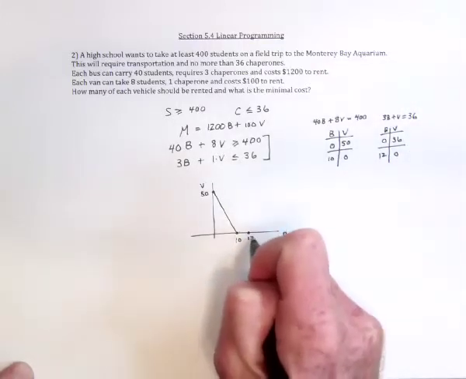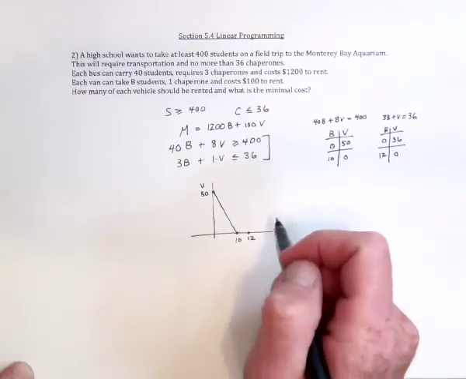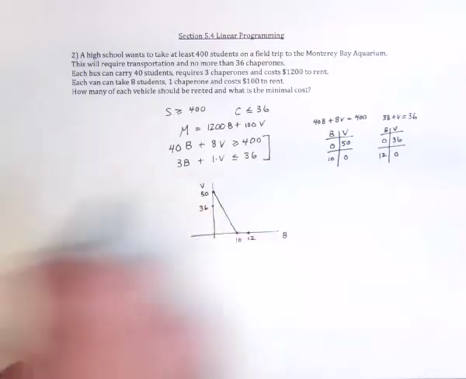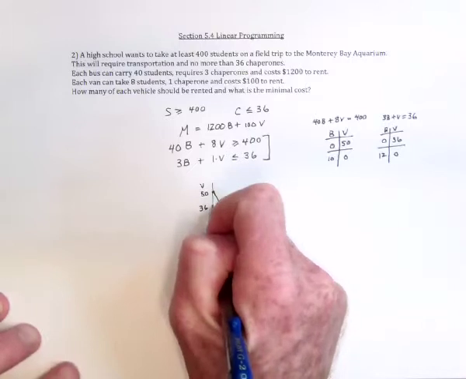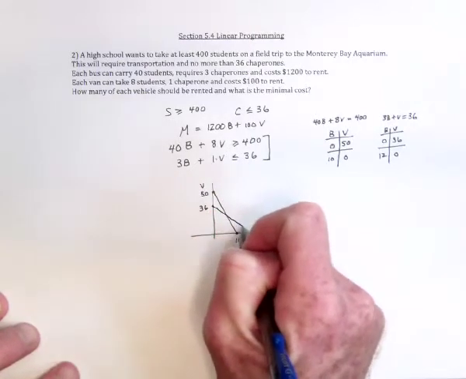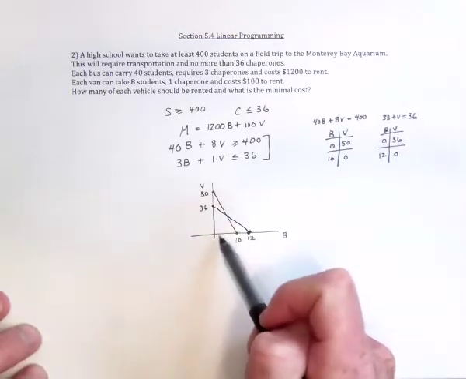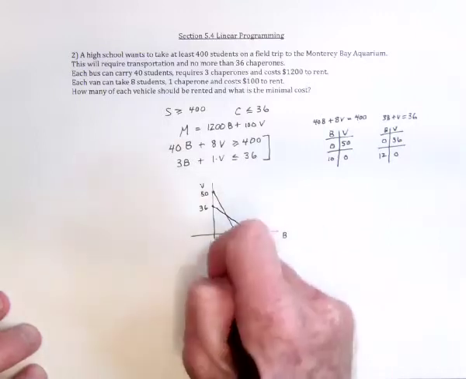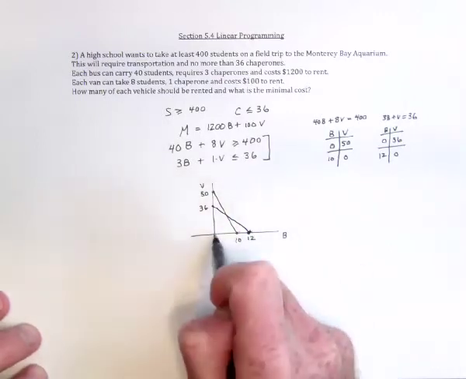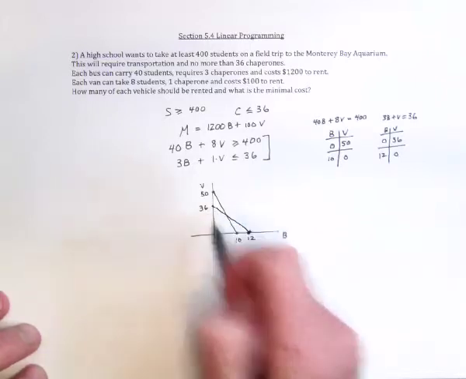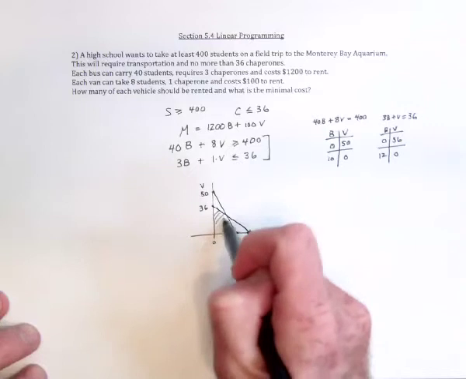So 12 for the buses, and then 36 for the vans. And then make that one a blue line. And then the region is going to be between 0 and 10 in here, and 0 to 36, so it's going to be this region in here.